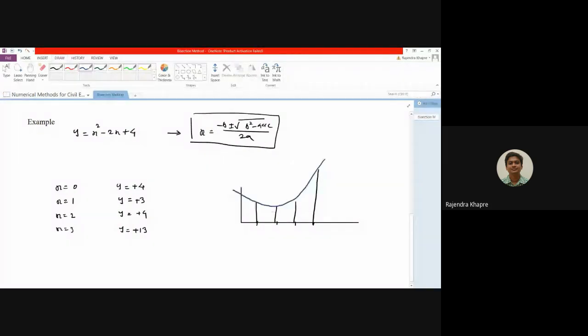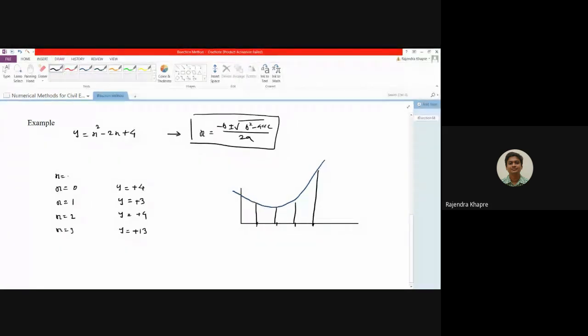So I'm not sure whether your curve is intersecting the x-axis or not. So let us try for one more value, let us say x equals minus 1.